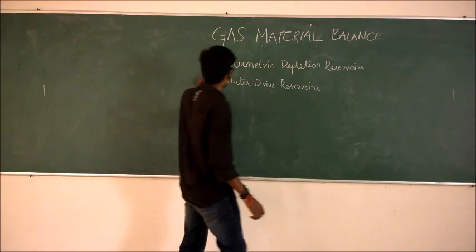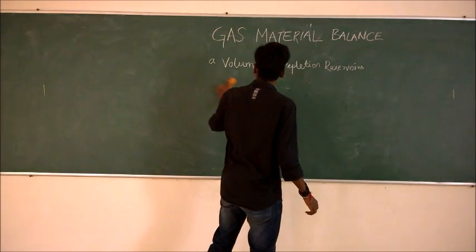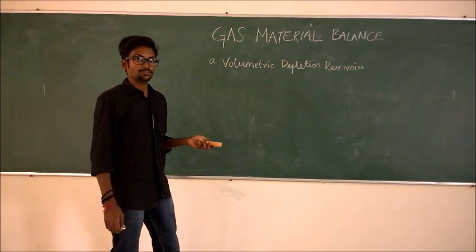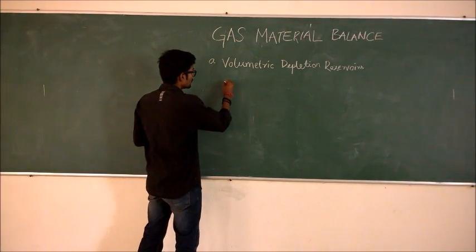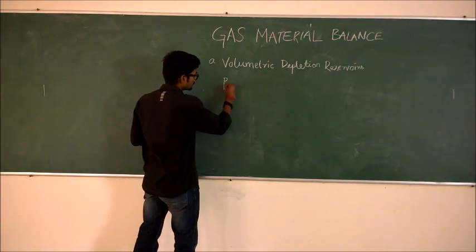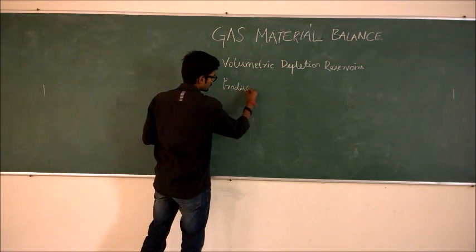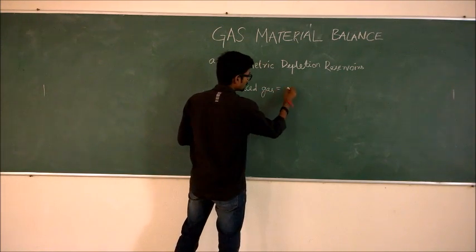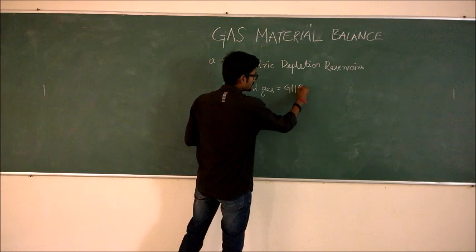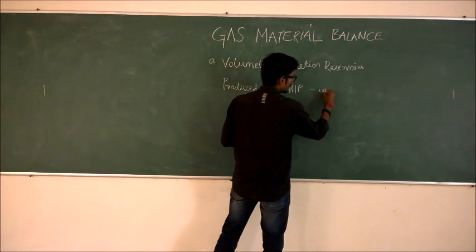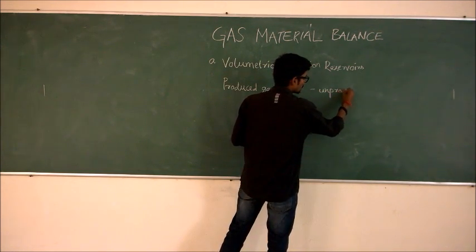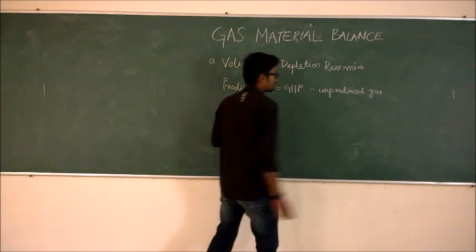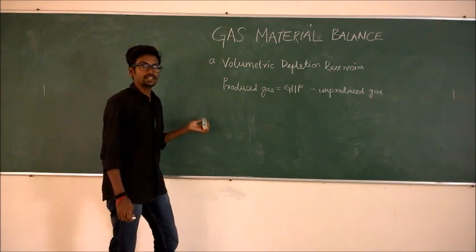So, coming to volumetric depletion reservoirs, the material balance is a simple equation in which we consider the produced gas is equal to gas initially in place minus the unproduced gas. This equation has to be evaluated at the standard conditions.